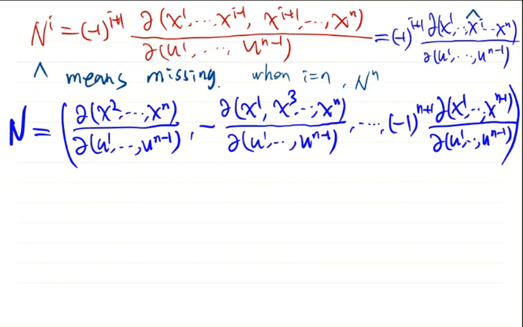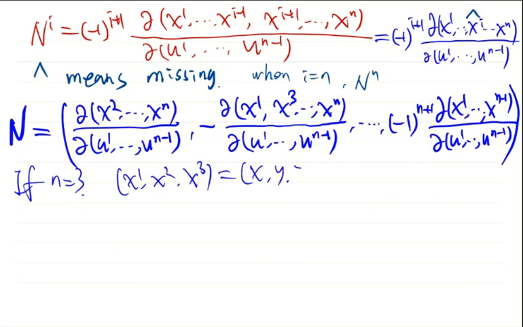Recall that in three dimensions, if n is 3, then x1, x2, x3 we denote by x, y, z, and u1, u2 we denote by u, v.